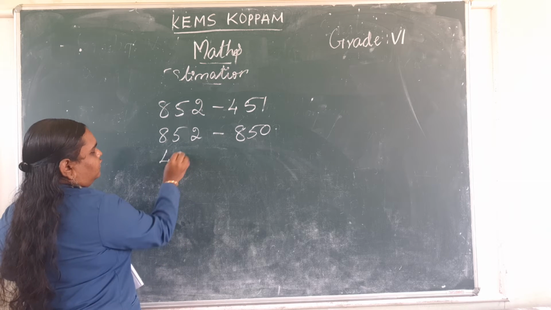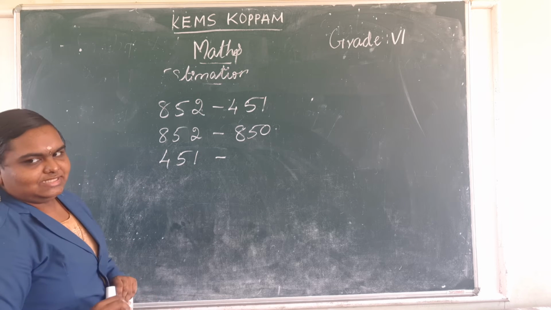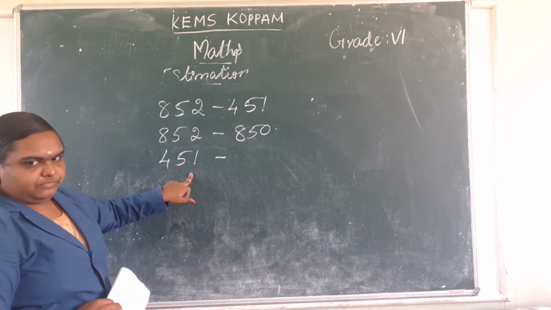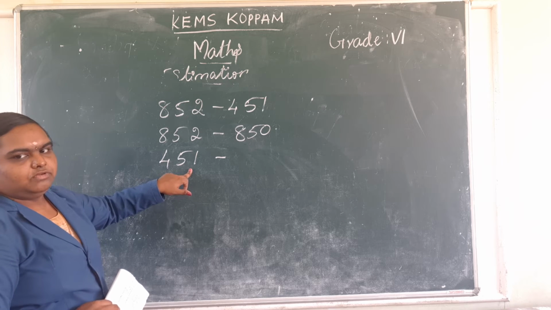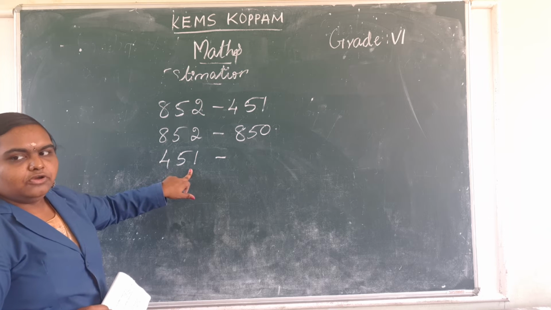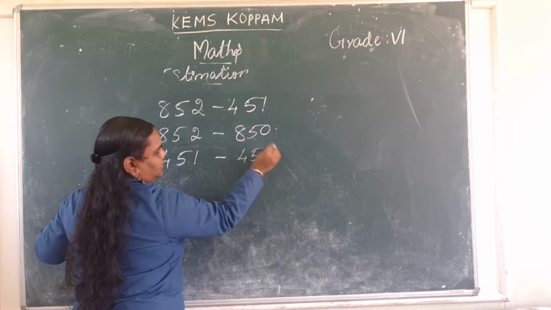Next number is 451. I am taking for tens. If we are taking for tens, 51 is the nearest number to 50, so we can convert 450.